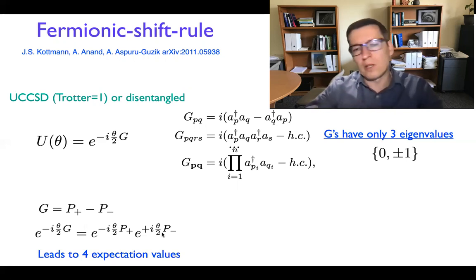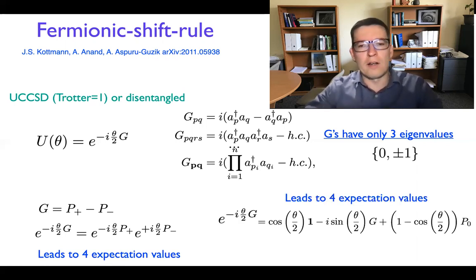So then you can apply the same shift rule we talked about for the plus-minus 1 eigenvalue operators, and eventually you can find the derivative with respect to theta, in this case using just 4 expectation values.